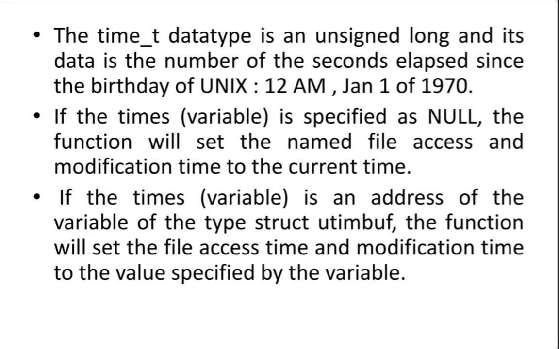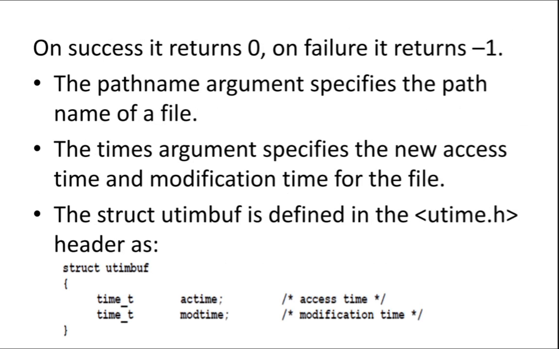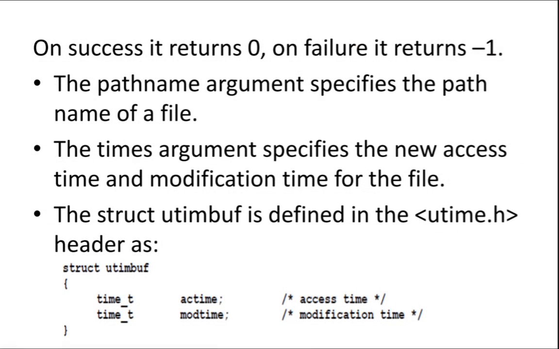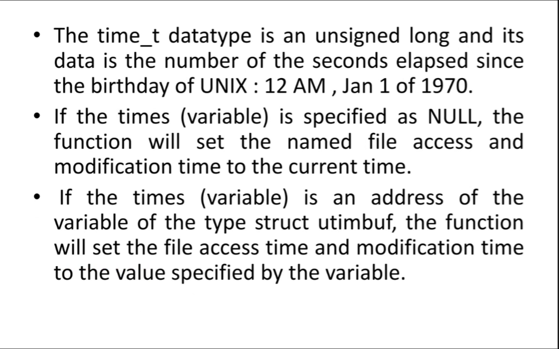If the time variable is specified as null, the function will set the named file's access and modification time to the current time. So if it is null, then by default the modification time and access time will be set to the current time, right?